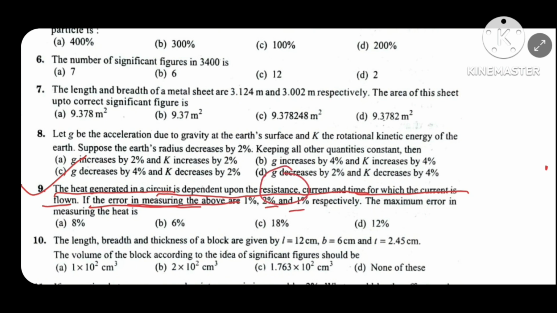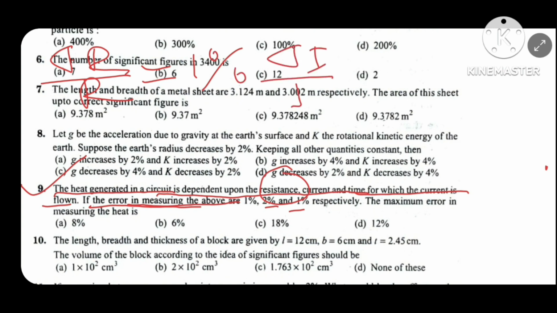That is, the error in resistance, delta R by R, is 1%. Delta I by I is 2%. And delta T by T is also 1%.